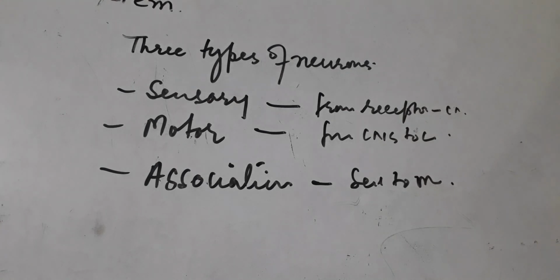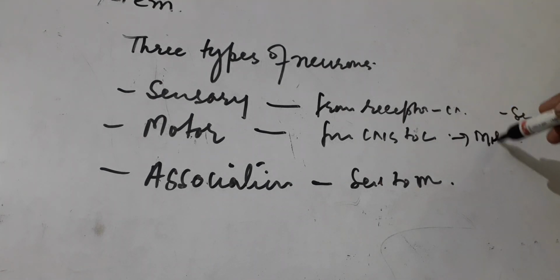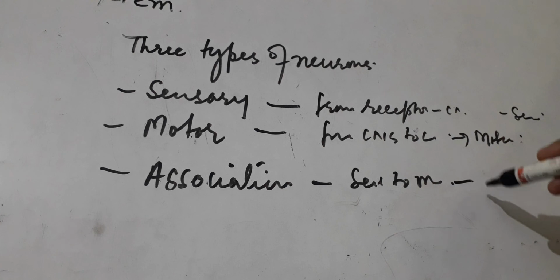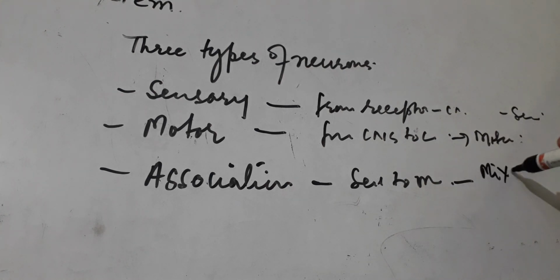Okay, the nerve which is formed by sensory neurons is known as a sensory nerve, the one formed by motor neurons is known as a motor nerve, and the one made by both sensory and motor is called a mixed nerve. So nerves are bunches of nerve fibers enclosed in myelin sheath.